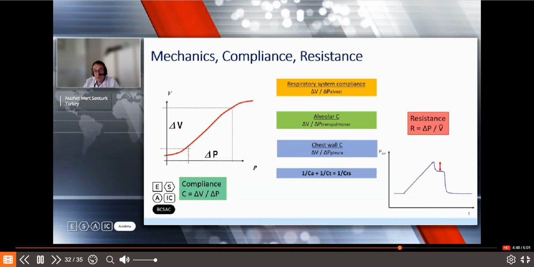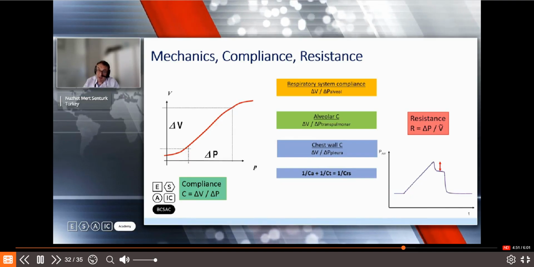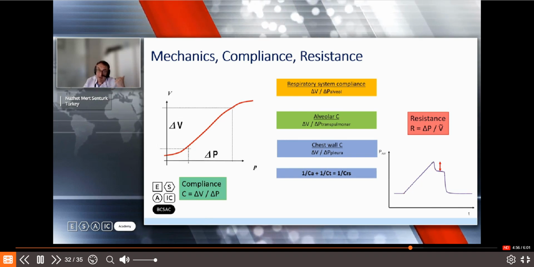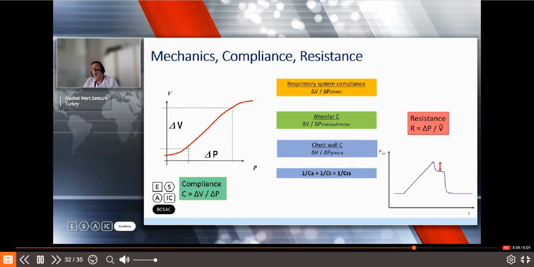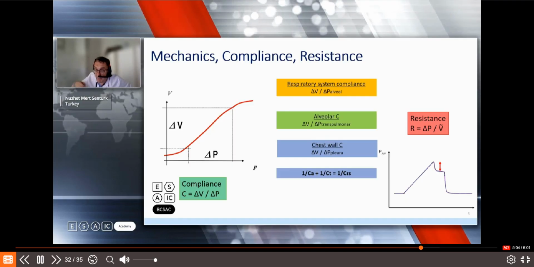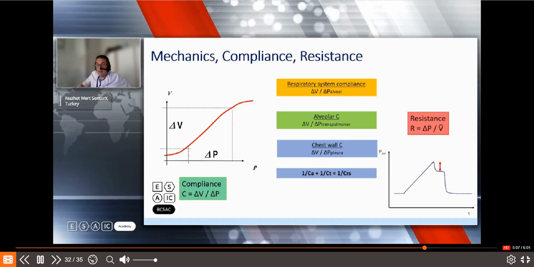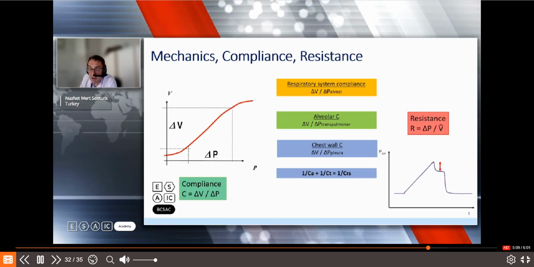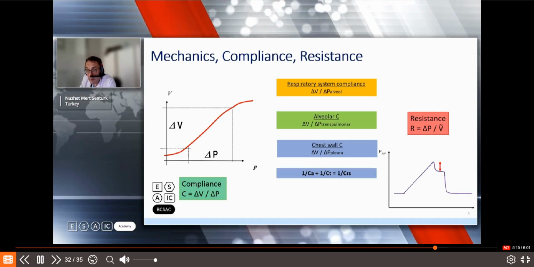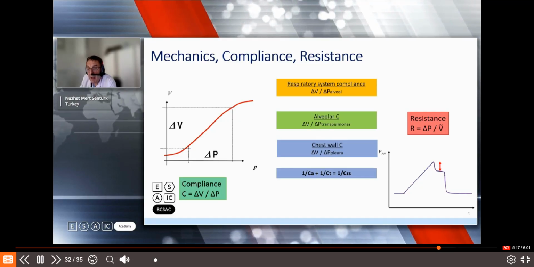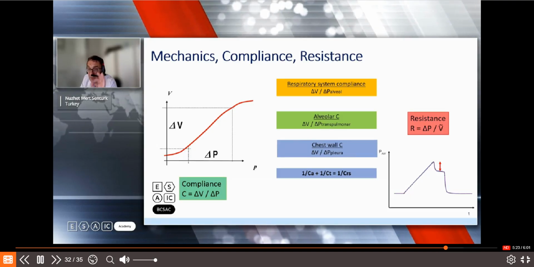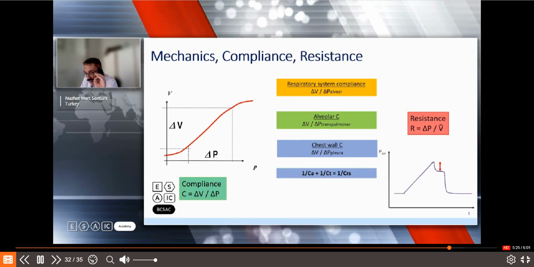If the plateau pressure is normal and I have a very high peak pressure, I have to think about an obstruction in the airway, either an obstructive lung disease or an obstruction in the airway itself. That means I have a high peak airway pressure, but a normal plateau airway pressure. This would speak for an obstructive lung disease.